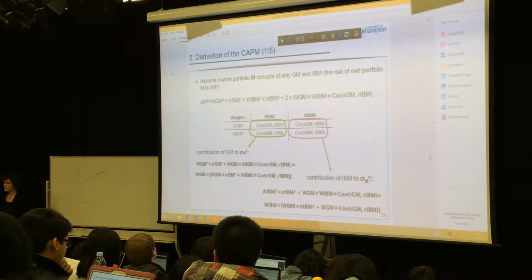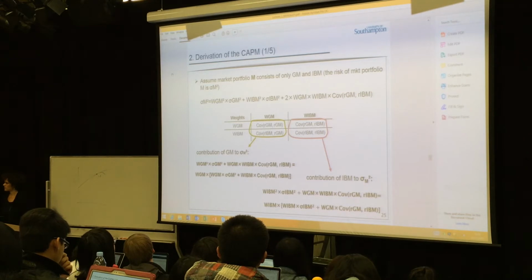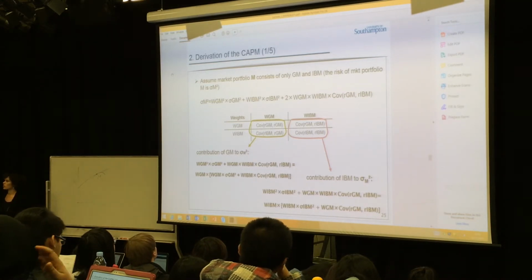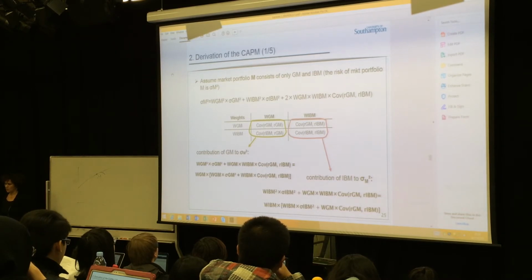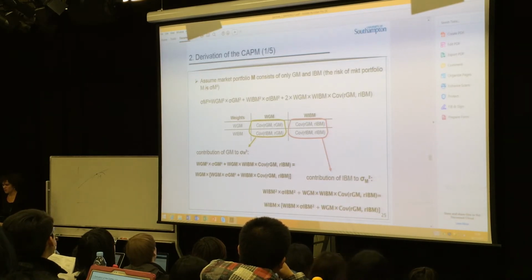Suppose that we have this market portfolio M, and the market portfolio M consists only of two assets, GM and IBM. If I want to know the contribution of each asset to the risk of the market portfolio, from now on M means market portfolio, I know very well the variance of my market portfolio.